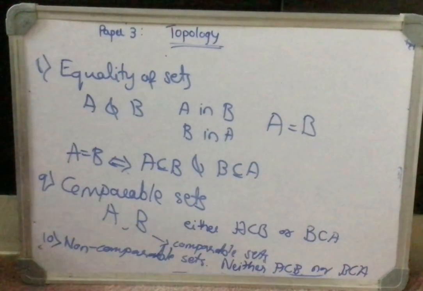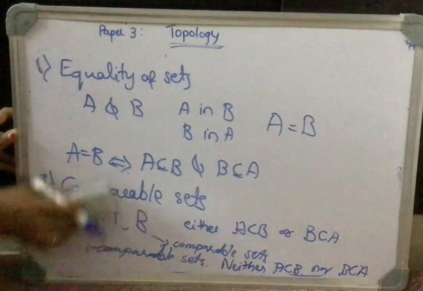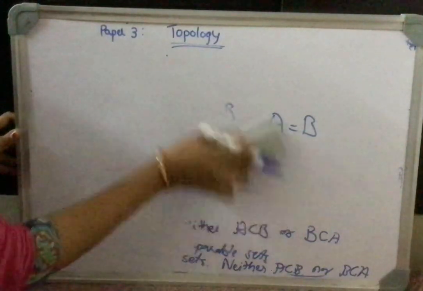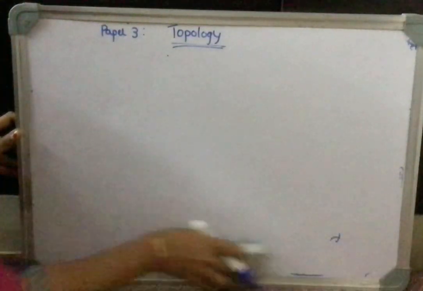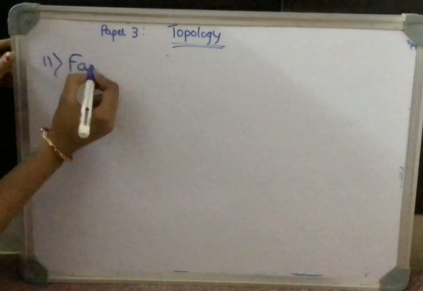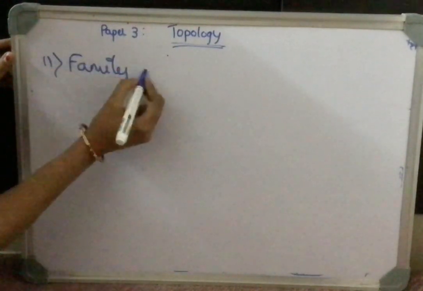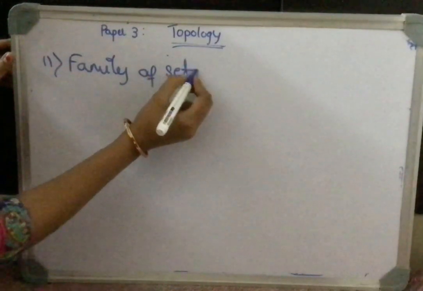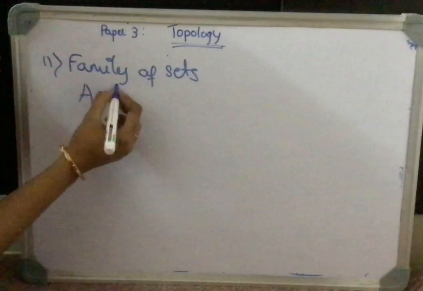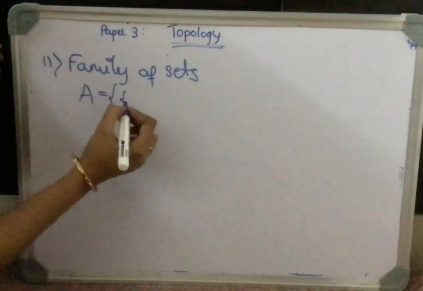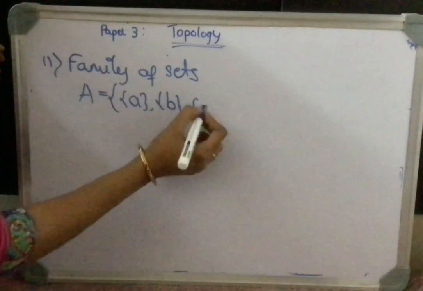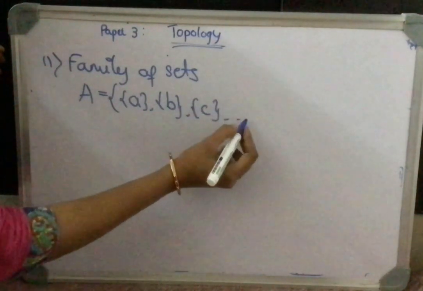Next is family of sets. If A is any set that contains elements such that all the elements in it are also sets, then that set is called a family of sets.